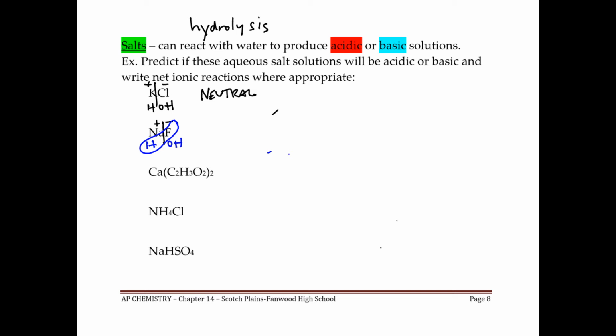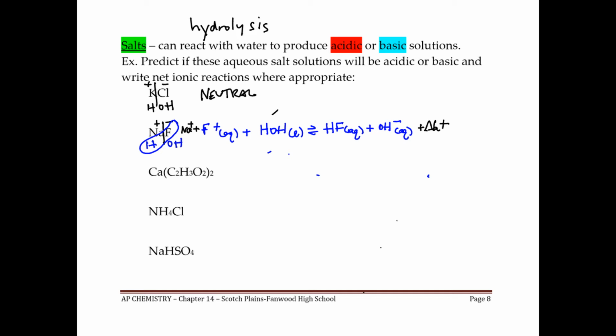So let's do that. We're going to write F minus (aq) plus water. I'd like to write HOH, but you don't have to. You're going to see that the H is going to go with the F to make HF, and that will leave behind the hydroxide from water, (aq). And there's going to be your net ionic equation. Now you'll notice that I left off the Na pluses. You could actually write them in. Na plus is going to be in the beginning, and the Na plus is going to be at the end.